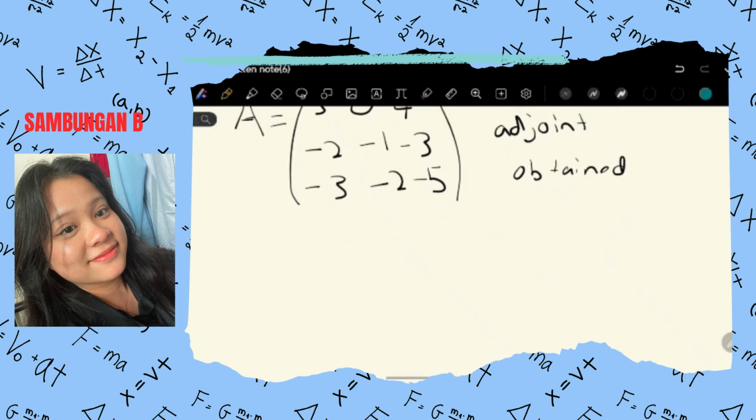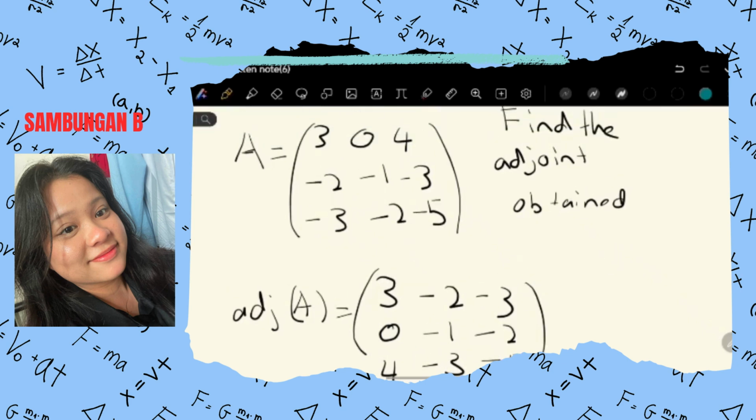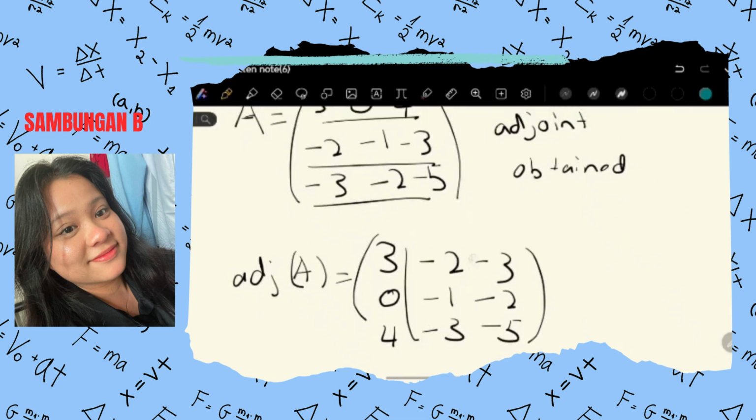In this question, the adjoint matrix is equal to 3, -2, -3, 0, -1, -2, 4, -3, and -5. That means the rows are changed into the columns.